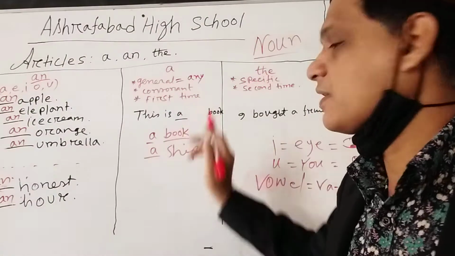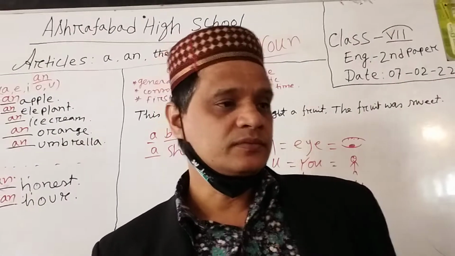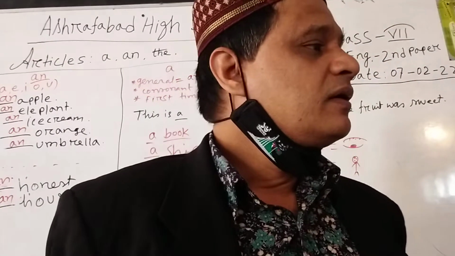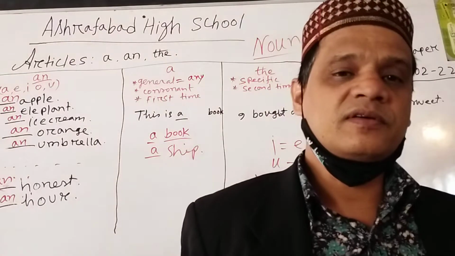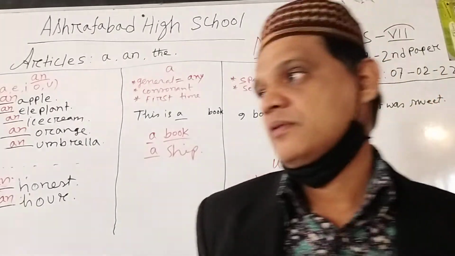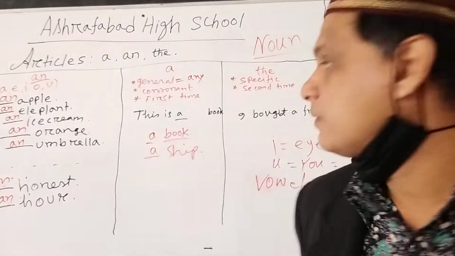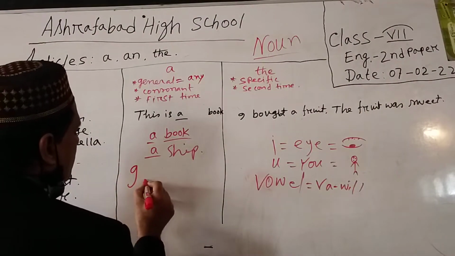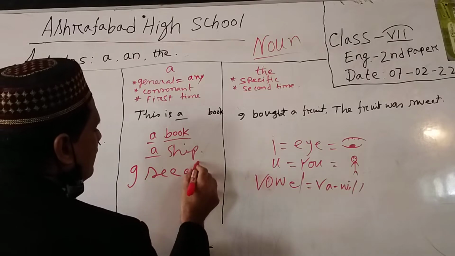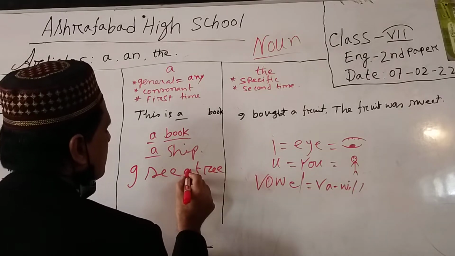We also use A when we think about a thing for the first time, I mean when we didn't mention that thing before. For example, I see a tree.